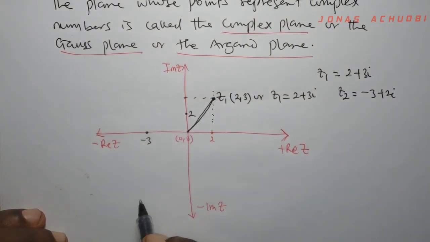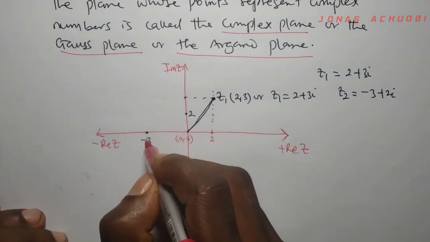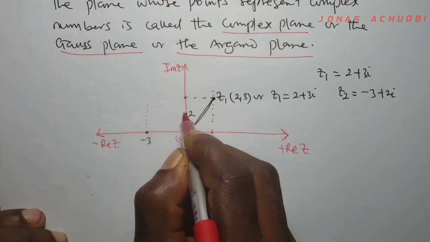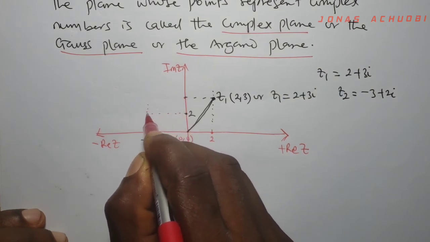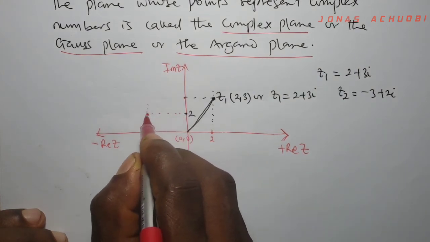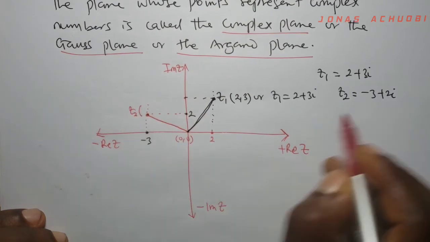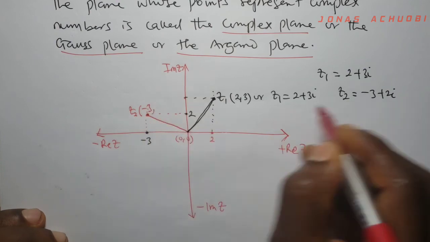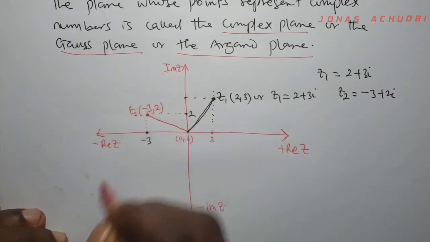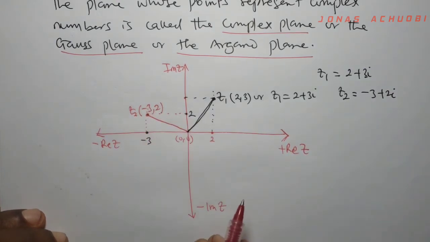Let's call that point plus 2. So we now trace the complex number. Negative 3 and plus 2 meet somewhere here. So from that point to the origin, this is z2, real part is minus 3, imaginary part is 2.